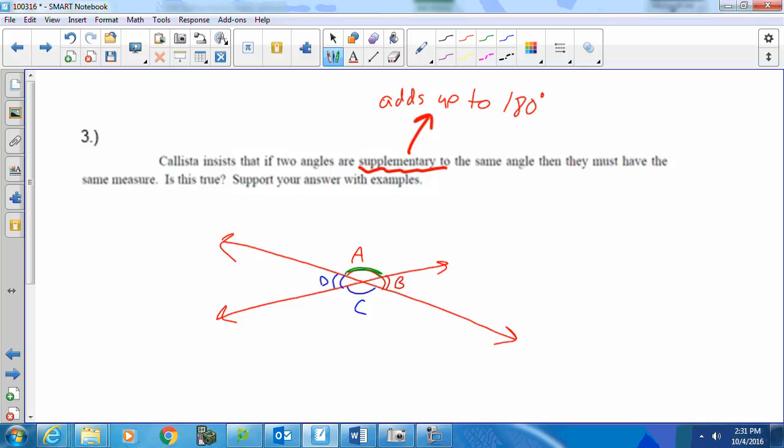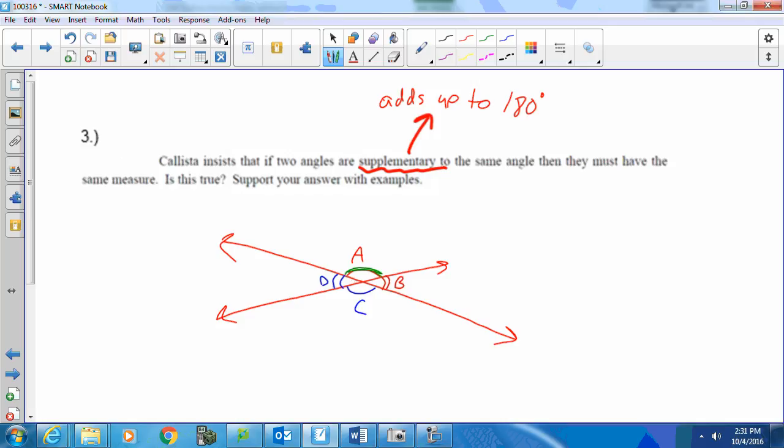Now, what is that supplementary to? Remember, supplementary means adds up to 180, a straight angle.